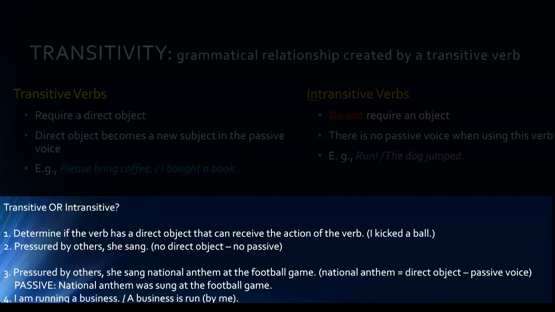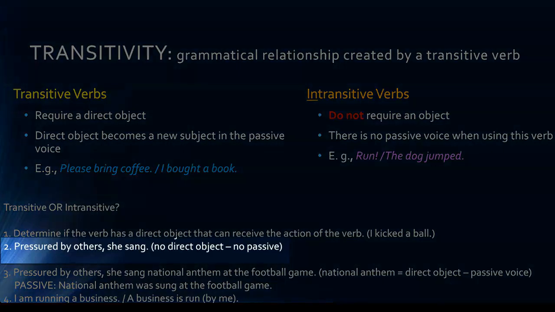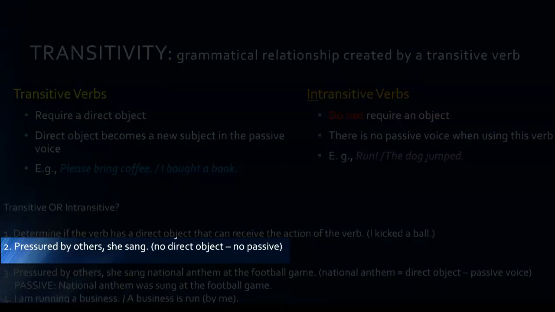Some verbs can be both transitive and intransitive depending on how they're used and the context in which they're being used. For example, if you say, pressured by others, she sang, the verb sang is sufficient for us to understand what kind of meaning is intended. So there's no passive voice if there's no object coming after the verb sing, or in this case, sang.